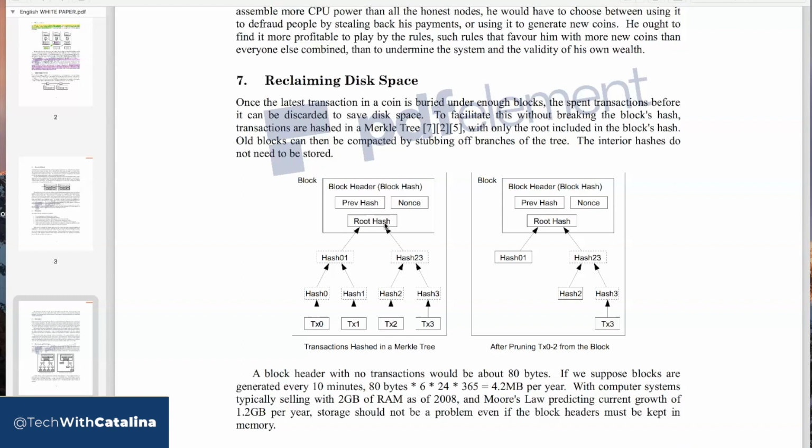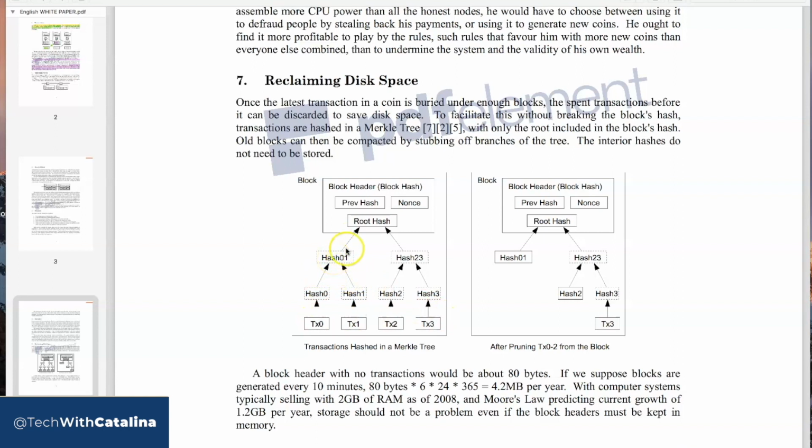The Merkle root is a summary, a hash, of all the transactions that are in this block, okay?